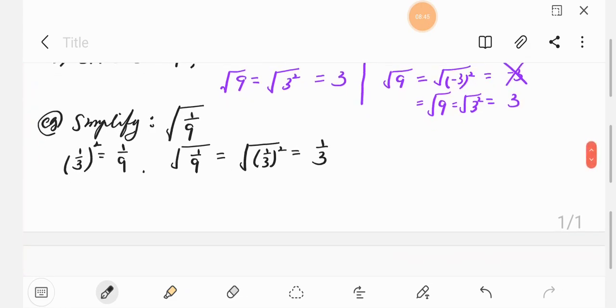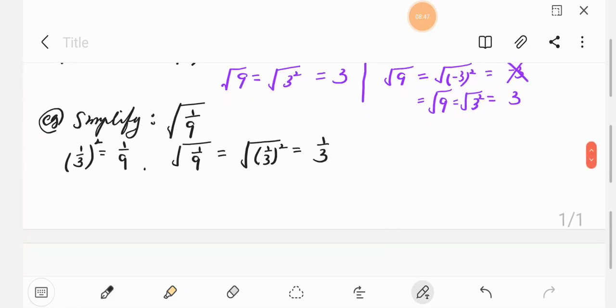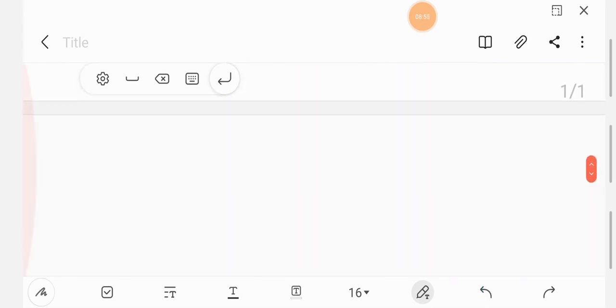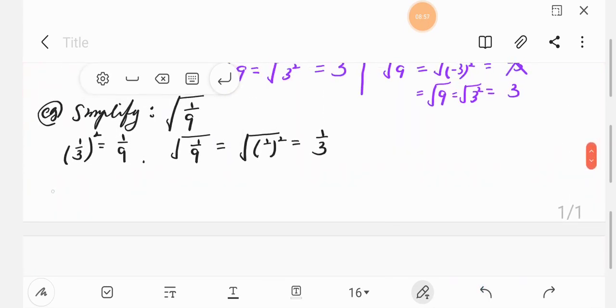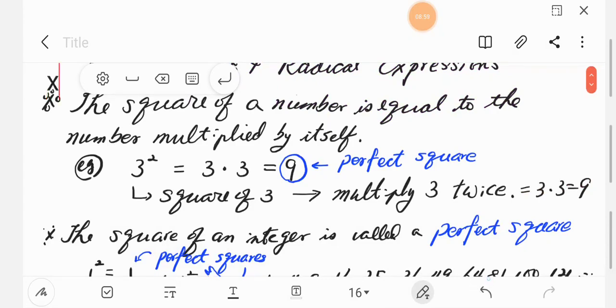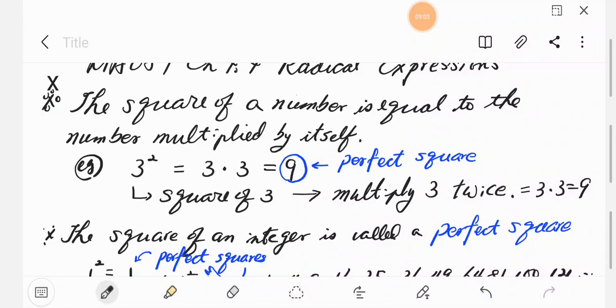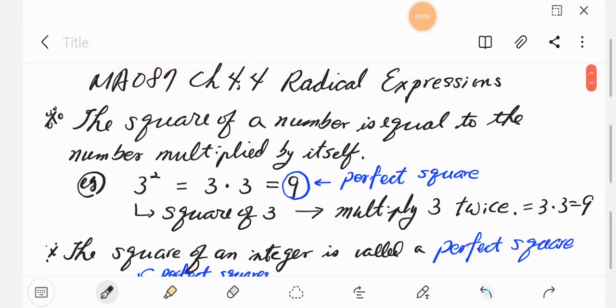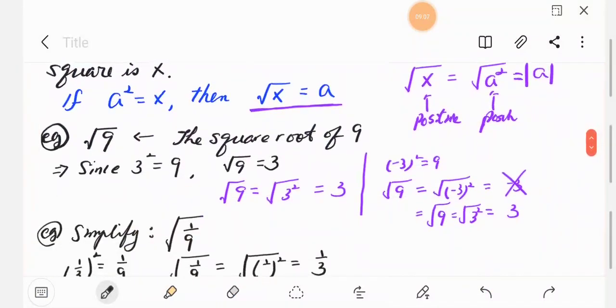Okay, and then also look at this special case. What is the square root of 1?